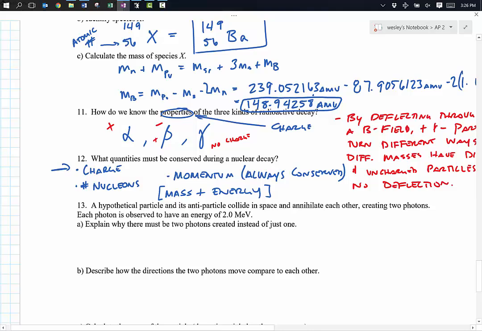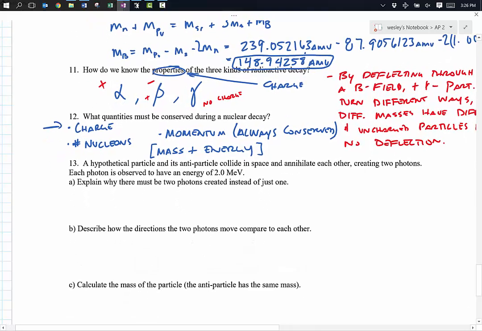All right. A hypothetical particle and its antiparticle collide in space and annihilate each other, creating 2 photons. Each photon has this much energy. Why must there be 2 photons created instead of just 1?